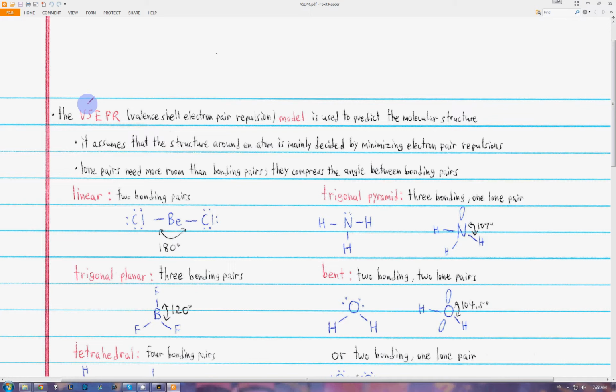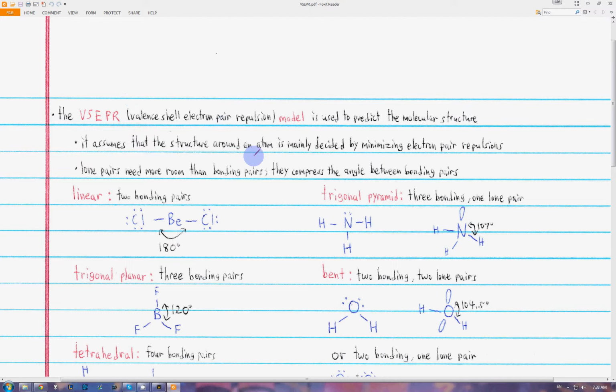And it's based on the assumption that the electrons will arrange themselves so that the electron pairs minimize the repulsions between each other. Because remember, when charged objects repel each other, it creates positive electric potential energy, and molecules want to achieve the lowest possible energy level.